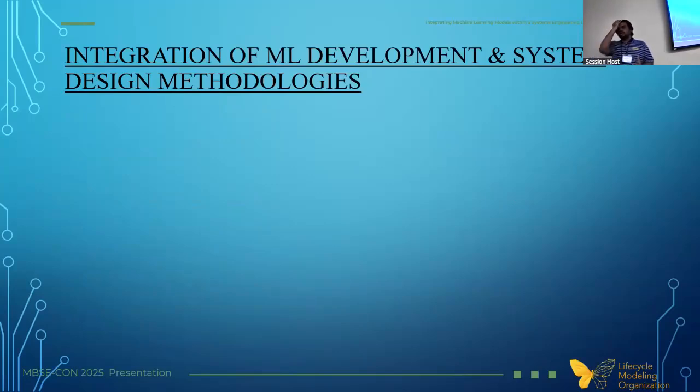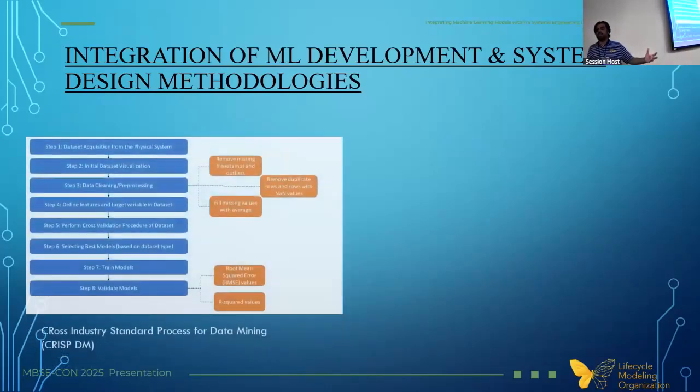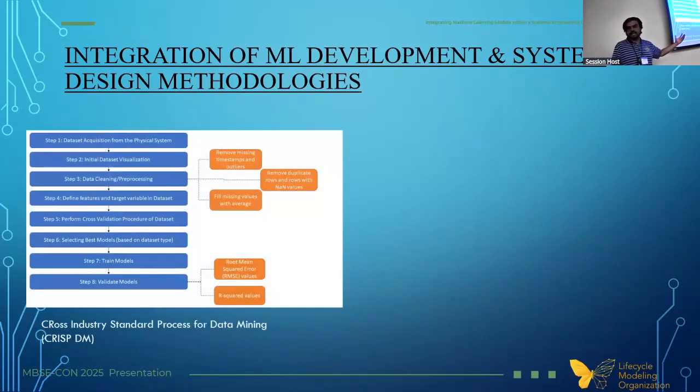And the way I did it was I brought in two different methodologies, one of them being the predictive model development methodology, which is CRISP-DM in this case. This allows us to create predictive machine learning models, and it has a number of steps. You acquire the data set from your system, clean it, pre-process it, define your target variables and feature variables, and select whatever off-the-shelf models you want to use.